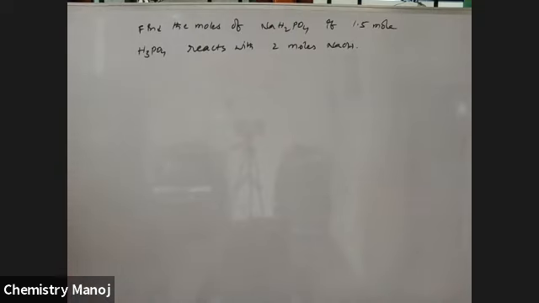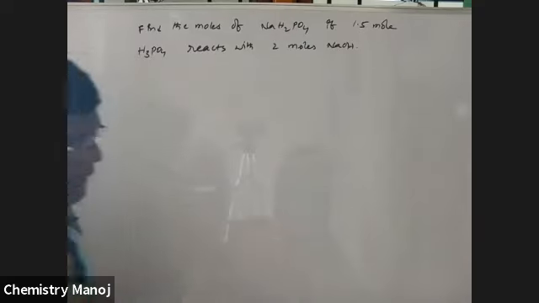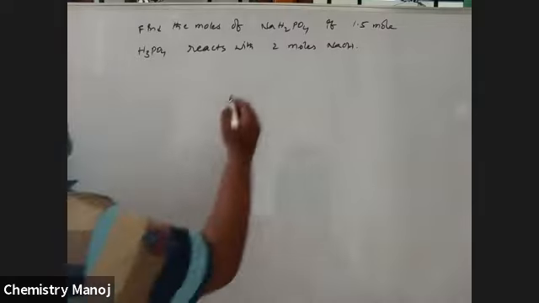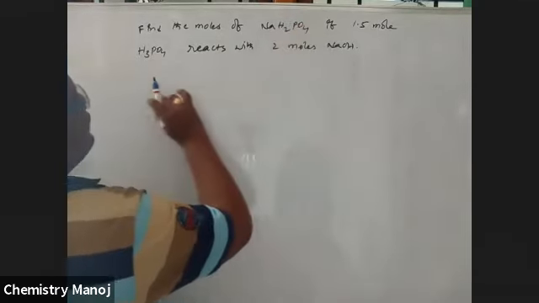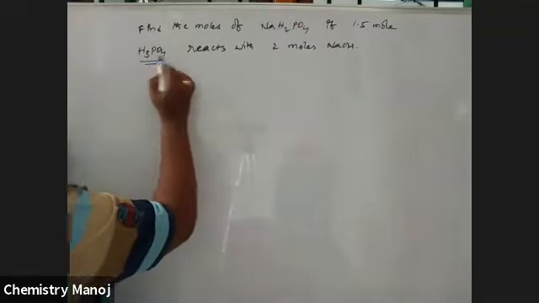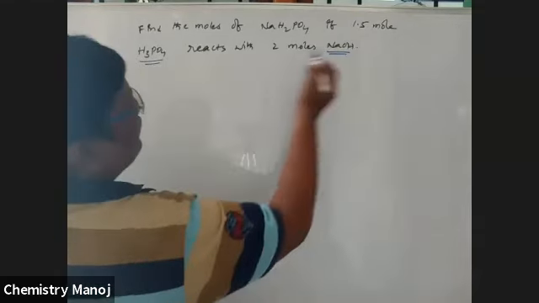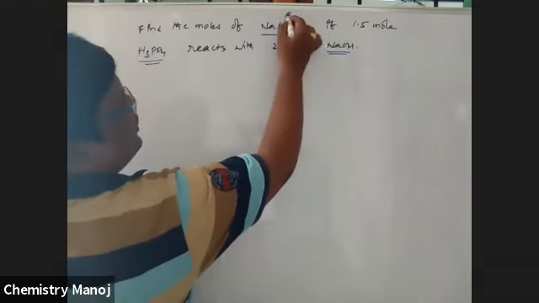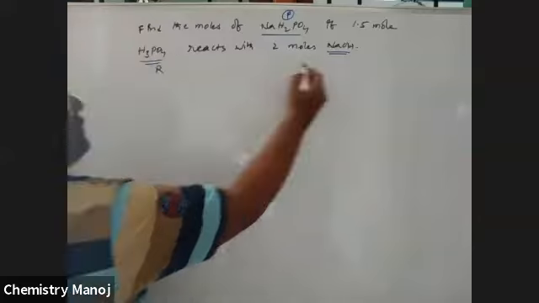Yes, 1.5 is correct. Karan, all right, the reaction. What is the reaction between these? What are the reactants? This one reacts with this one, and that gives this one. This is the product; these are the reactants.